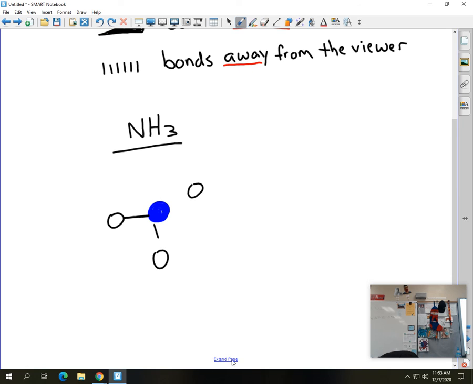One of them is coming at me towards the viewer, so I make that shape, and one of them is going away from me, so I do that. And that is how we would show the molecular drawing to go with NH3 or ammonia.